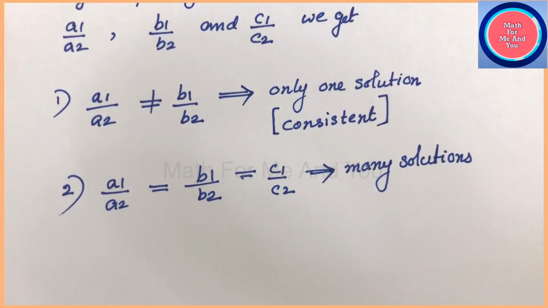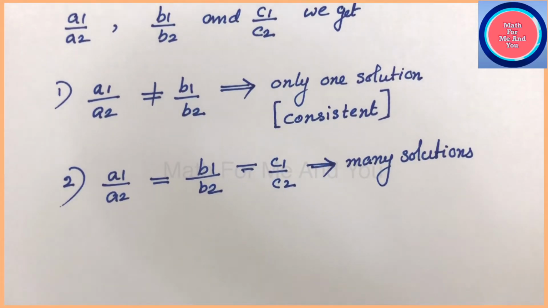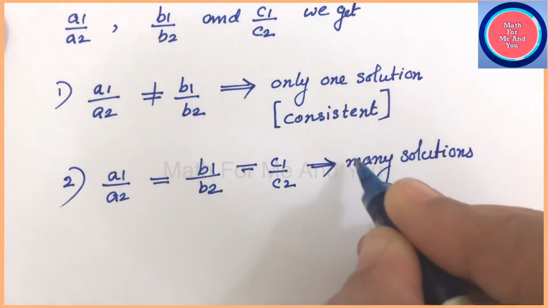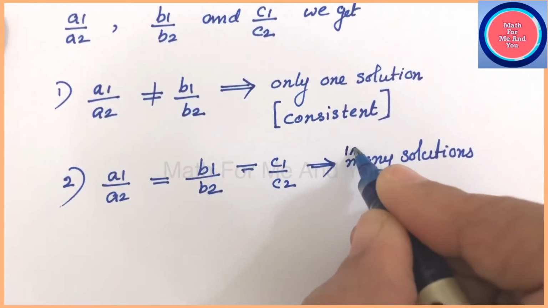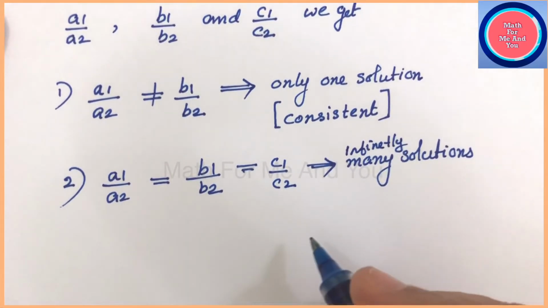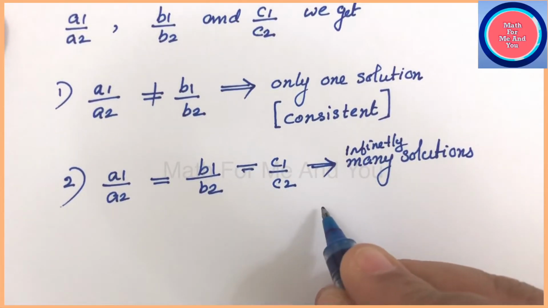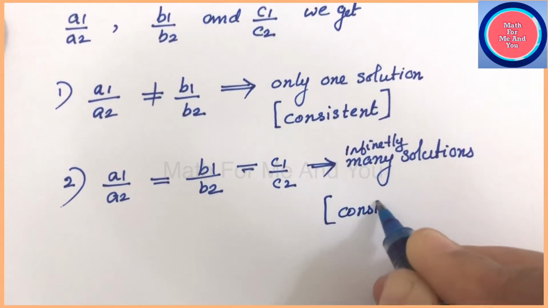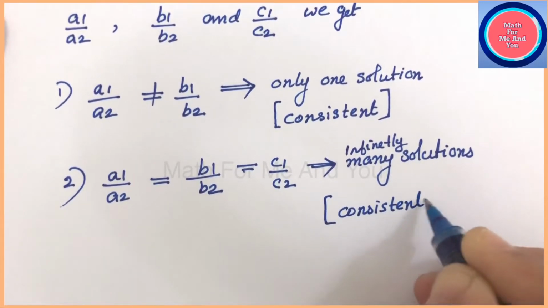If the ratio of coefficients of x equals the ratio of coefficients of y and equals the ratio of the constants, then they have infinitely many solutions. If one solution or more than one solution, then what type of equations are they? Of course, they are consistent equations.